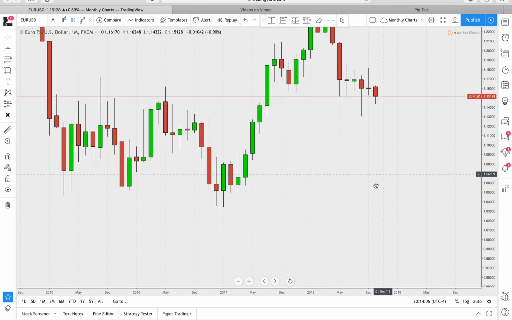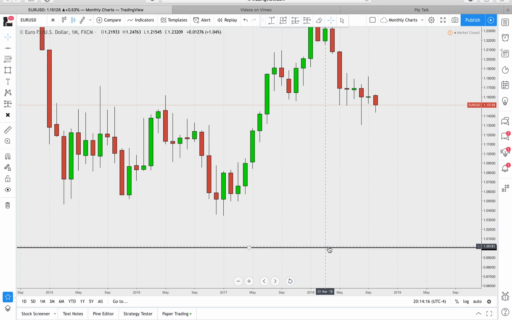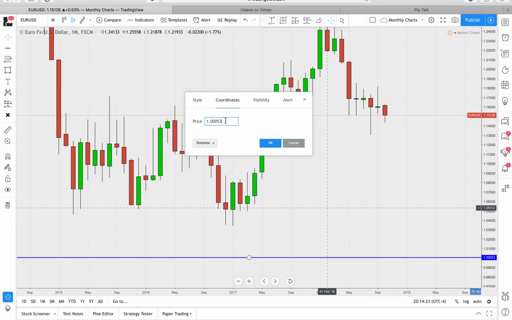So major whole numbers, I'm going to start at 1.000. That's a major whole number. I'll make it a blue color. If I double click on the line, I can coordinate it to exactly 1.0.